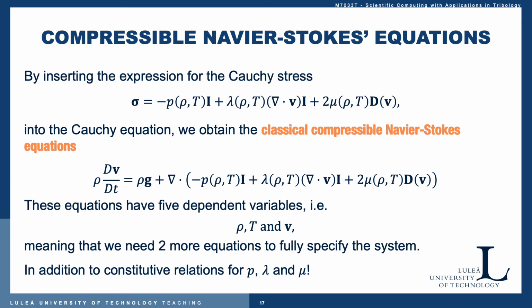We have 3 ones in the Navier-Stokes, but 2 more for the 5 dependent variables. And in addition to this, we need constitutive relations for P, lambda, and mu.